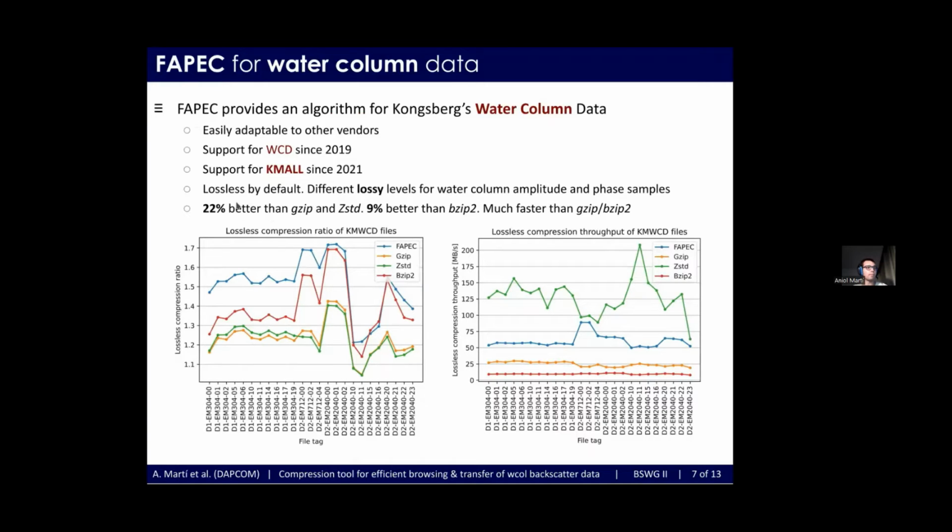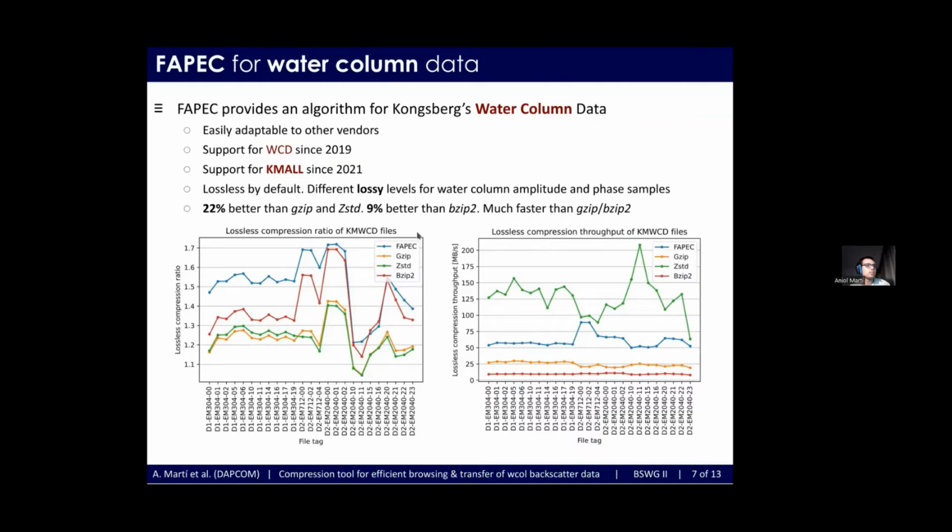By default, it's lossless, but you can configure 16 different lossy levels for amplitude and phase samples. Here, the interesting part is that you can apply different levels of losses in the amplitude samples or in the phase samples. Because in some cases, you may be interested in compressing the phase samples further or even removing them, but keeping a low level of losses in the amplitude samples.